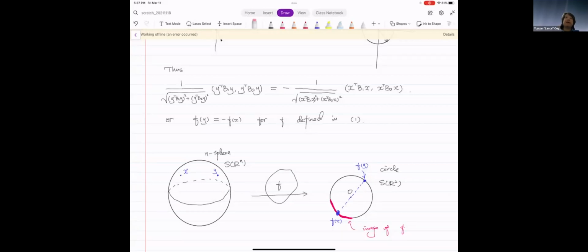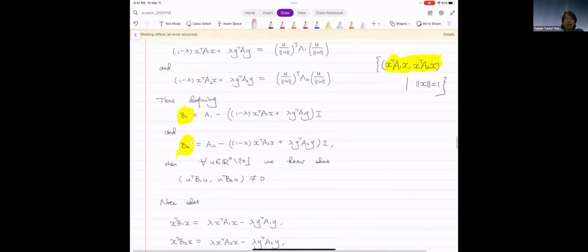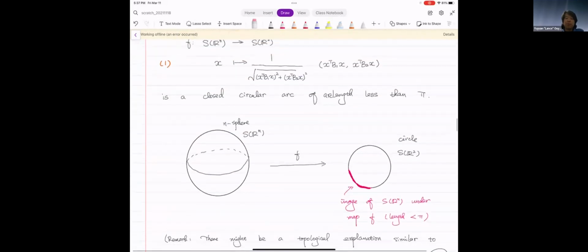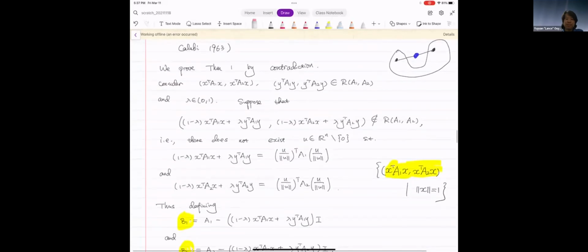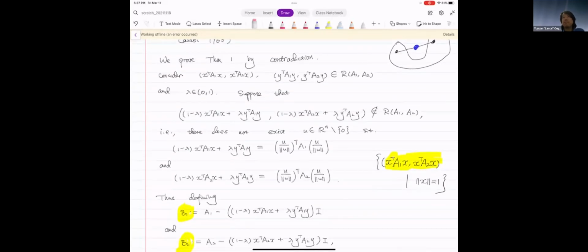So if you think about the proof up until this stage, I'm not doing anything fancy, essentially, because what am I doing over here? I am only considering a contradiction. I'm assuming that this set is non-convex.